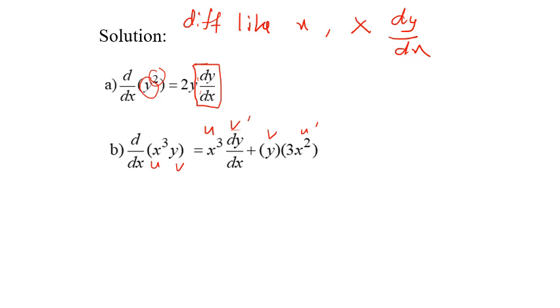That's why it becomes dy dx here. And then v is y, and u prime, differentiating x cubed, gives 3x squared. So we simplify and arrange, putting y at the back: x cubed dy dx plus 3x squared y.